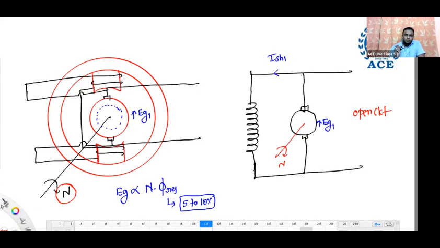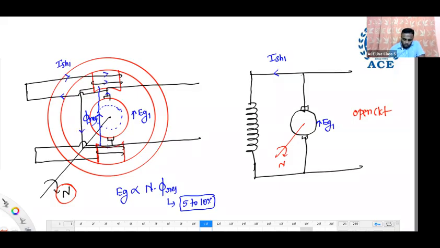A small current. Now observe the first figure also. Due to that, a small current ISH1. So first of all, I have to consider residual flux. I'm considering residual flux is passing like this. Initially residual flux is passing in this direction, upward. Now whenever field current ISH1 is flowing, current is flowing in this direction in the field winding.